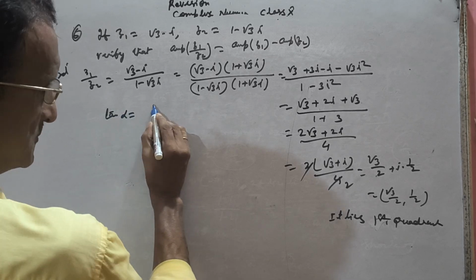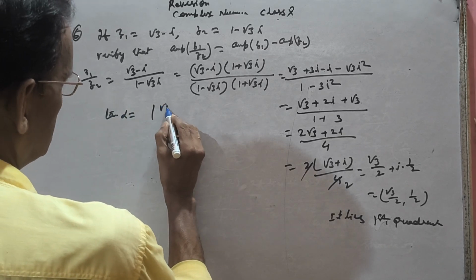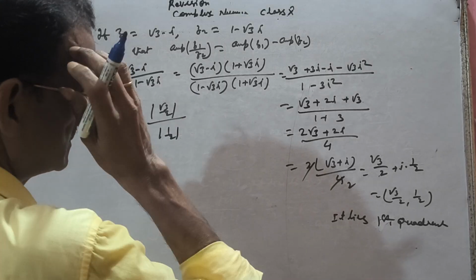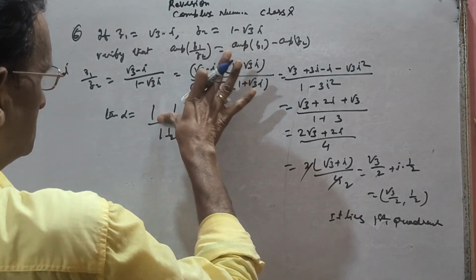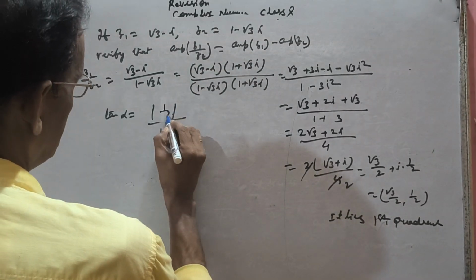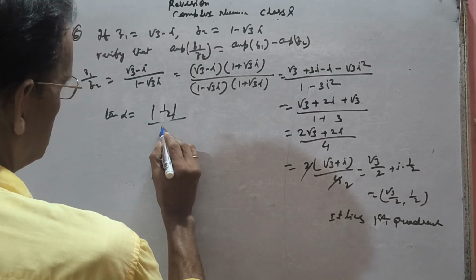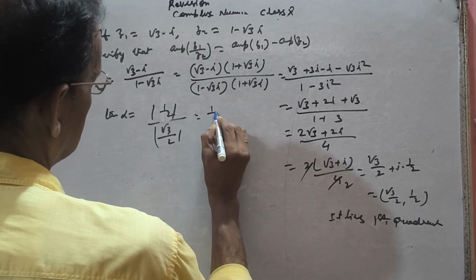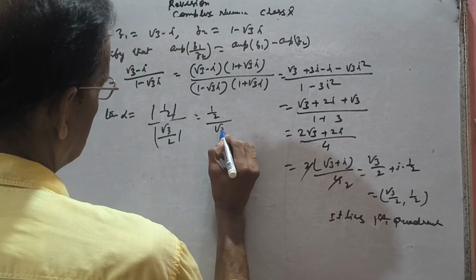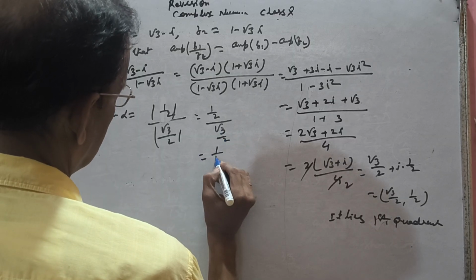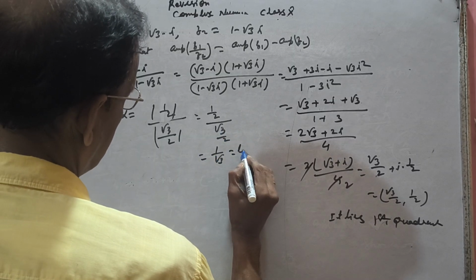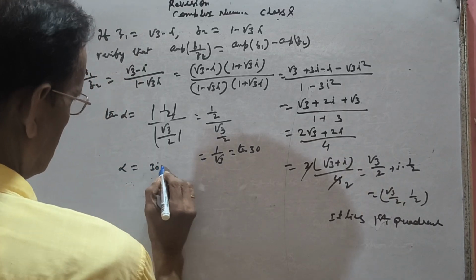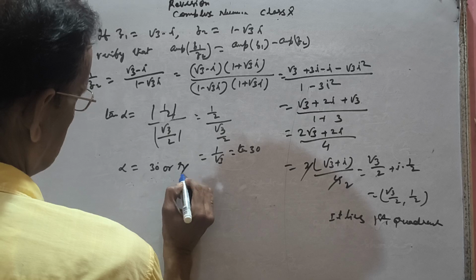Tan alpha equal to modulus y by modulus x, 1 by 2 by root 3 by 2. So 1 by root 3, which is equal to tan 30 degree. So alpha equal to 30 degree or pi by 6.